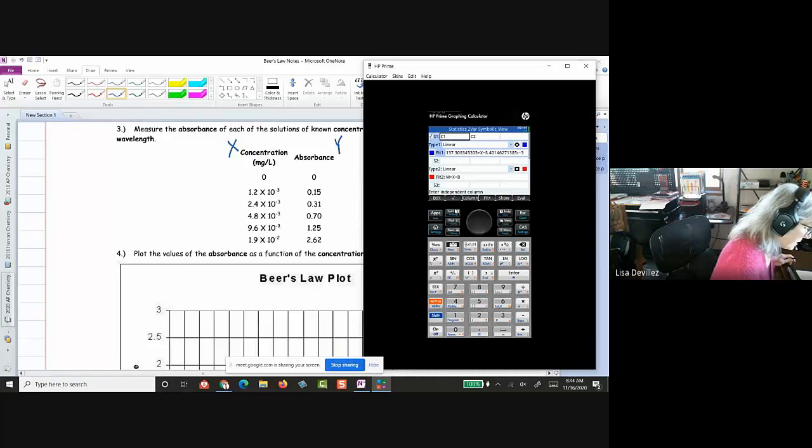The HP Prime has the symbolic view where you can tell it what you want your X and your Y to be.